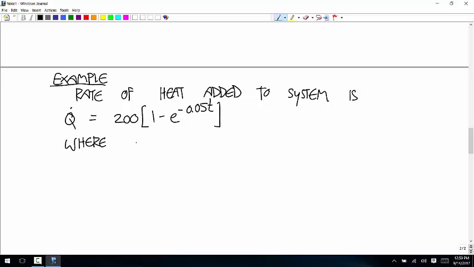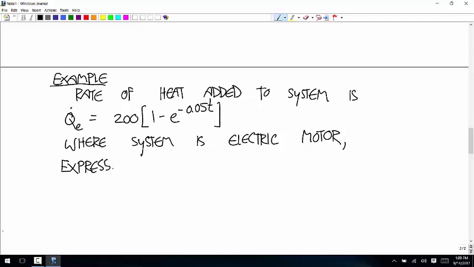Where the system is an electric motor, and rate of heat added to, no, that would have to be heat lost then. So we can think of this as the rate of emitted energy. And that expression represents heat dissipation.